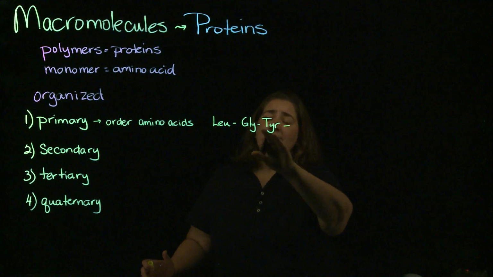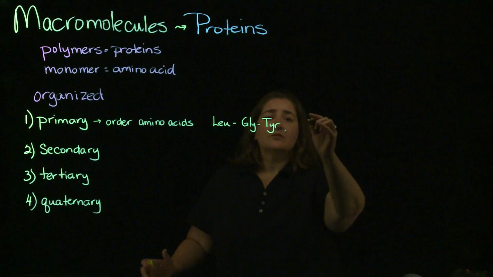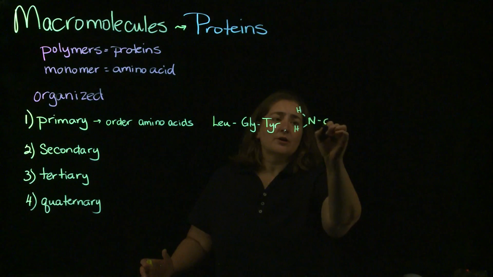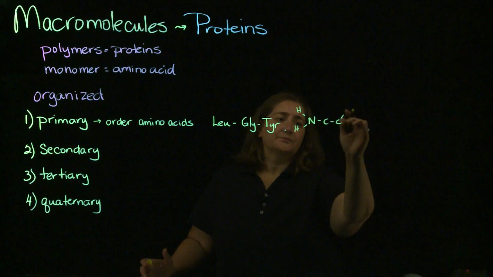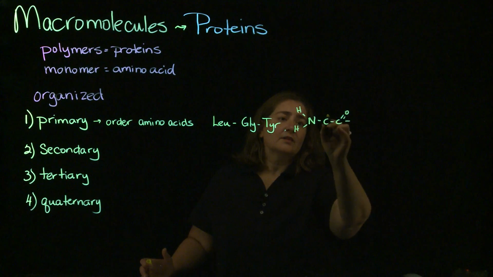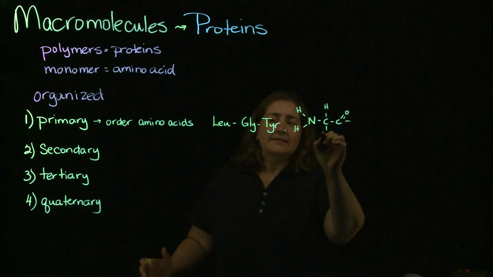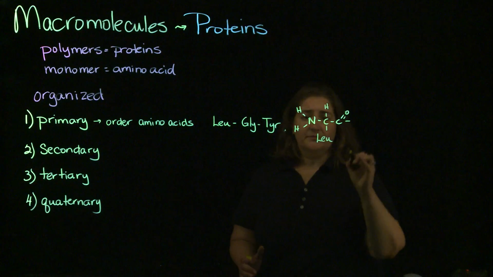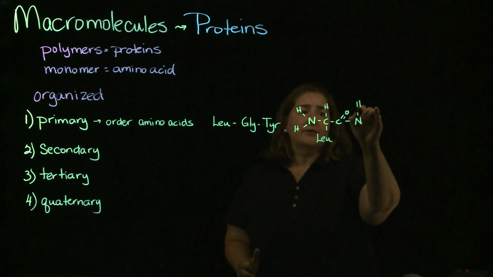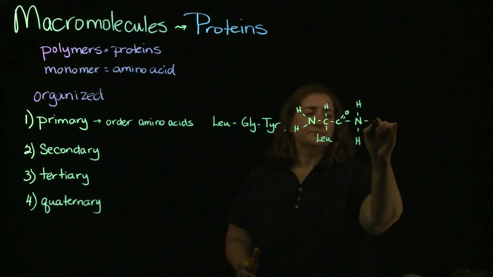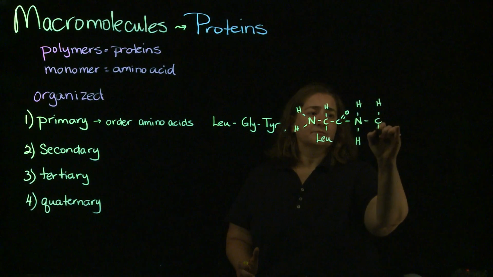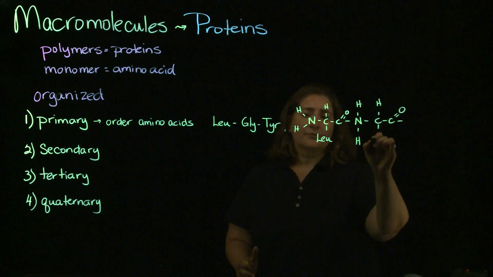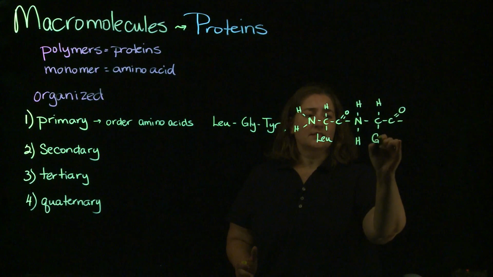And when I have that leucine, glycine, tyrosine there, what that's referring to, if I draw our amino acid up here, say this functional group down here is the functional group for the leucine. Then we've got our next amino acid, with our functional group here being the glycine.